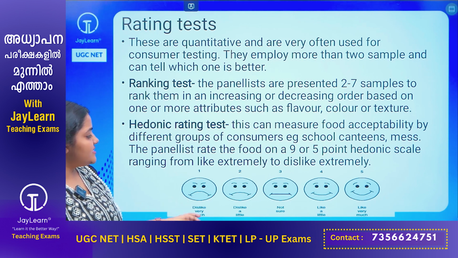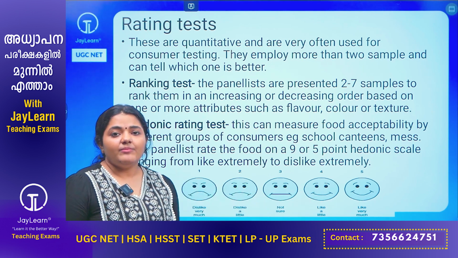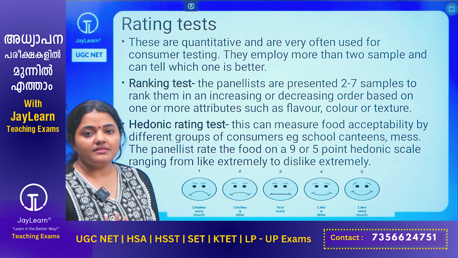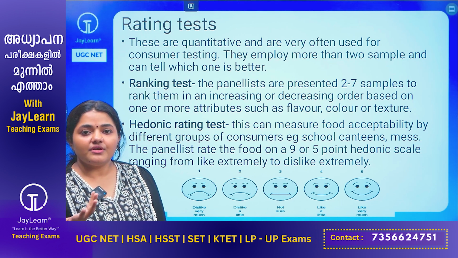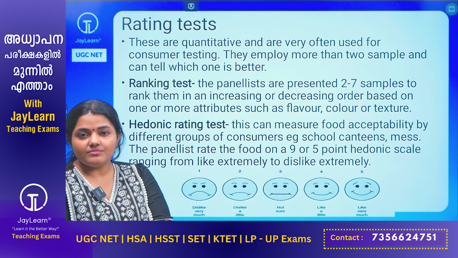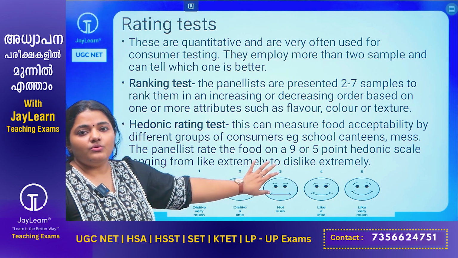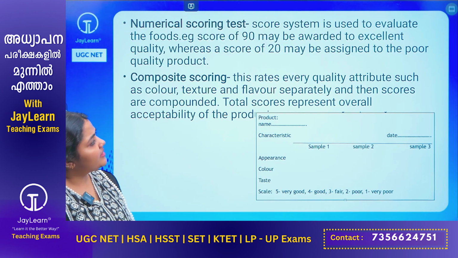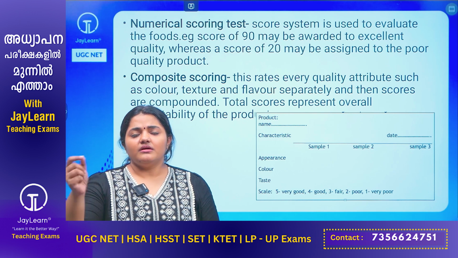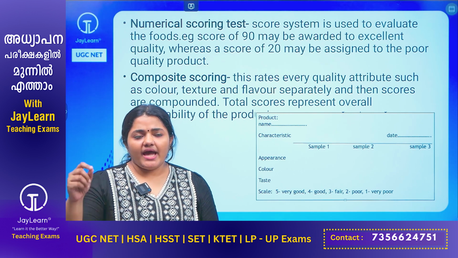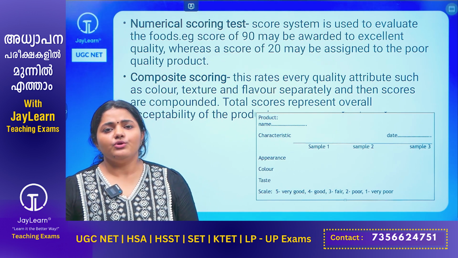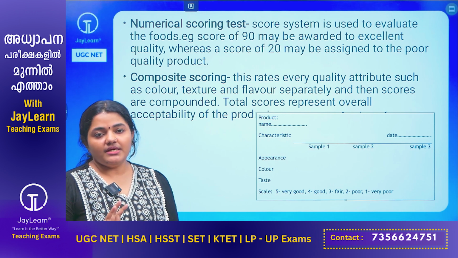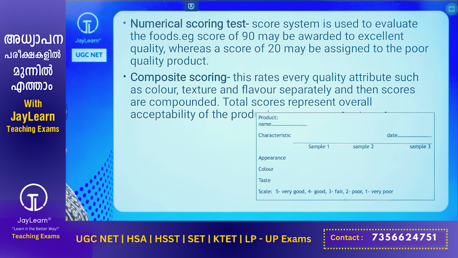So for kids and all, we usually give these images and ask them to rate that particular food, or even for customer care and all, we usually do these kinds of ratings. Next again is numerical scoring test, where you will be giving numbers, and we will be adding all these values, and we will be numerically rating that particular food.